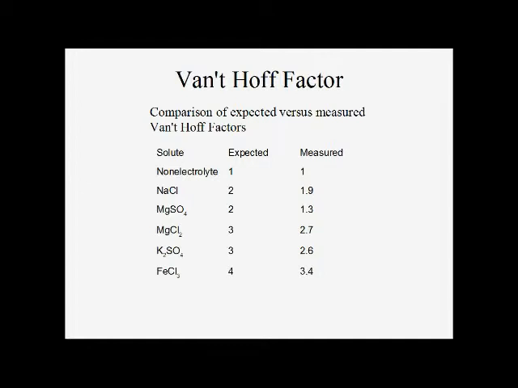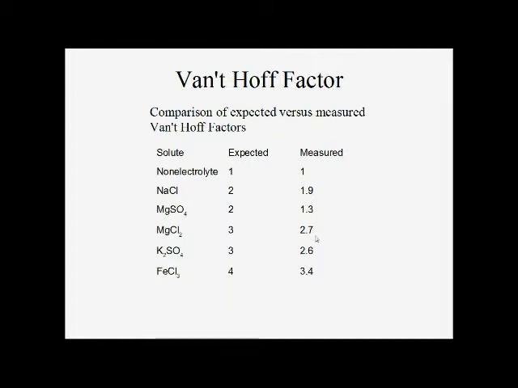We might have some Na2Cl with a positive charge. We might have some NaCl2 with a negative charge. So we might have a small amount of some paired ions in solution. For magnesium sulfate, we would expect 2: 1 magnesium, 1 sulfate. We're getting 1.3. We have a larger amount of ion pairing going on. For magnesium chloride, we'd expect 3: 1 magnesium plus 2 chlorides.